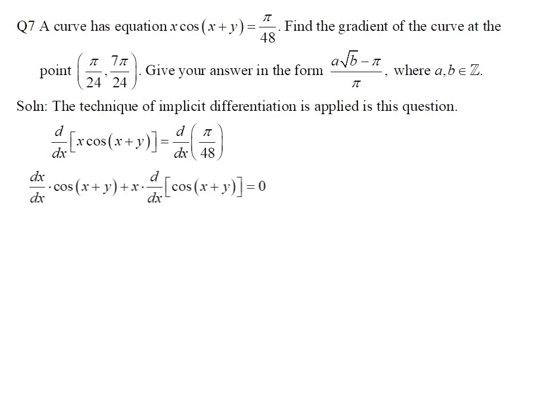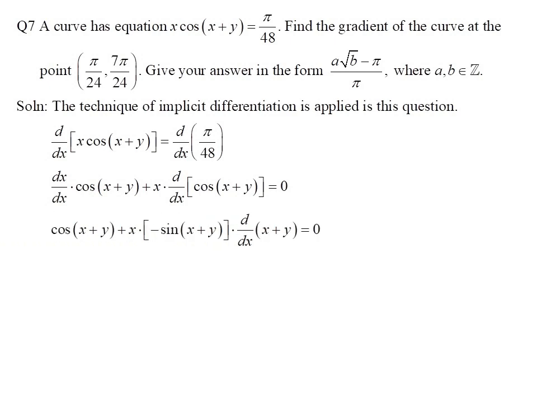So the left-hand side of the equation is expanded to dx over dx times cosine of (x plus y) plus x times the differentiation of cosine of (x plus y) with respect to x, which equals 0. The equation is further arranged and the steps are shown on the screen.